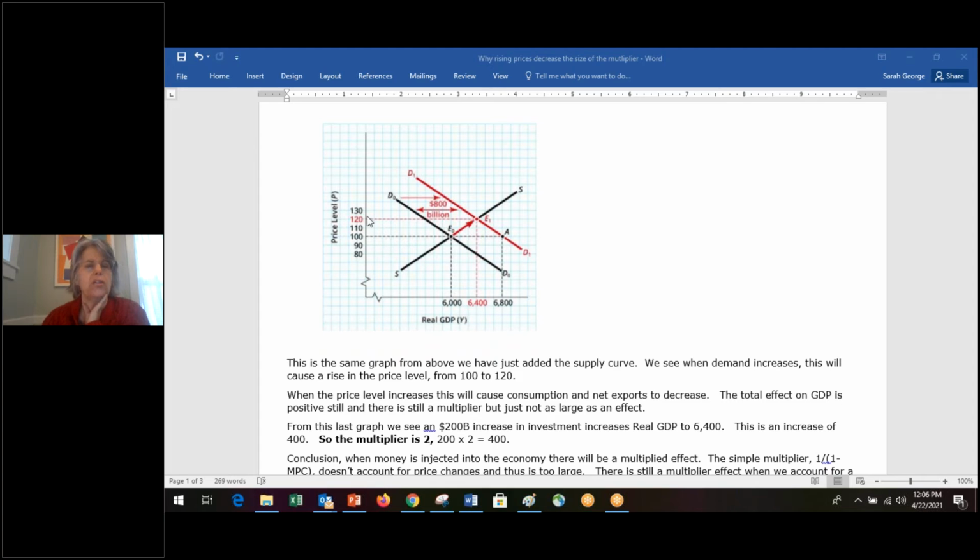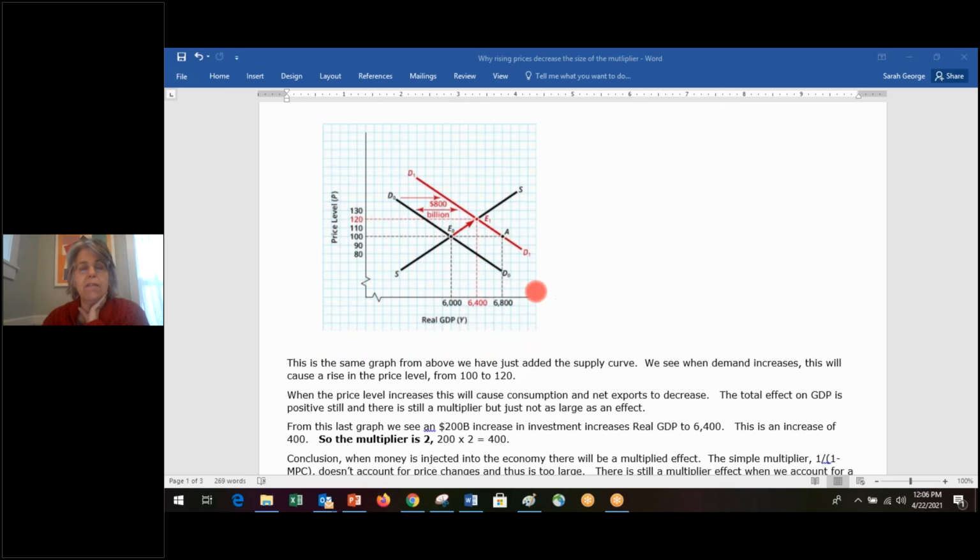We know when there's an increase in the price level, it's going to diminish consumption and it's going to diminish exports. So here on the bottom, what we see is instead of going from 6,000 to 6,800, we've gone from 6,000 to 6,400.